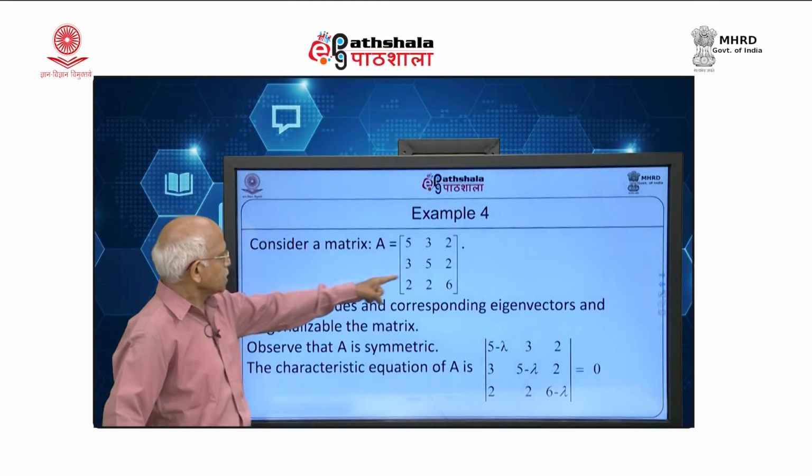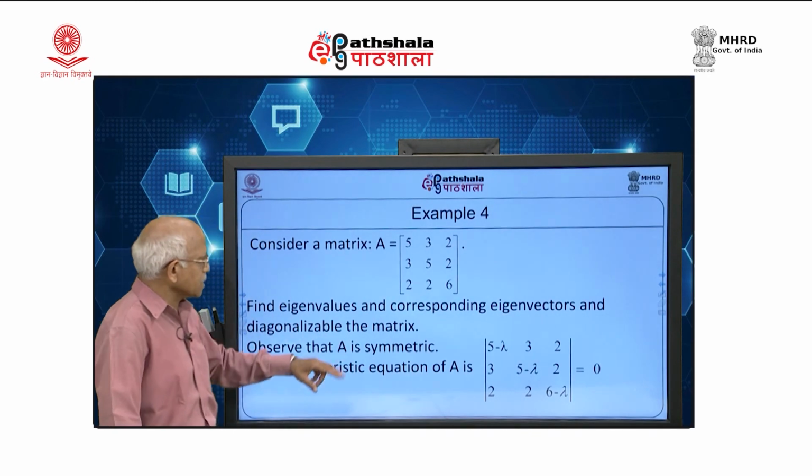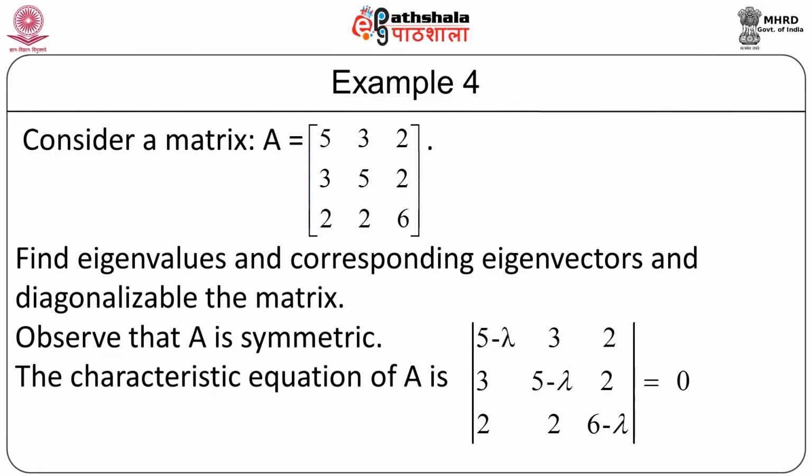So, consider a matrix. You can see that this matrix is symmetric, because these elements are the same: the lower diagonal elements and upper diagonal elements are the same. So, A equals A transpose, therefore it is a symmetric matrix.